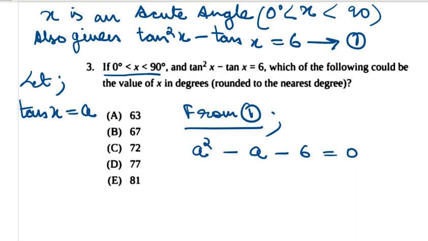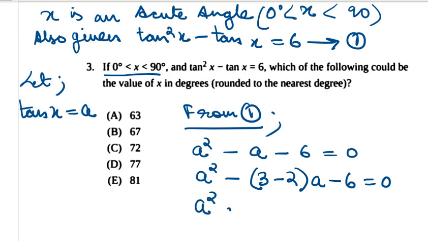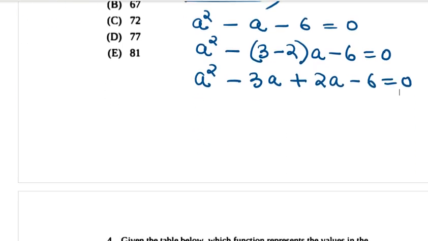Now look, a square minus 3a plus 2a minus 6 equals 0. Correct? Okay, not a problem.